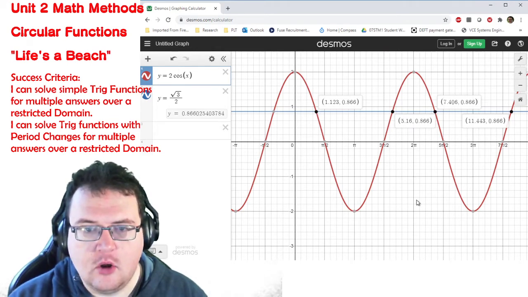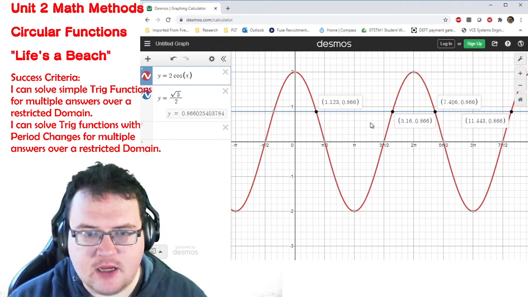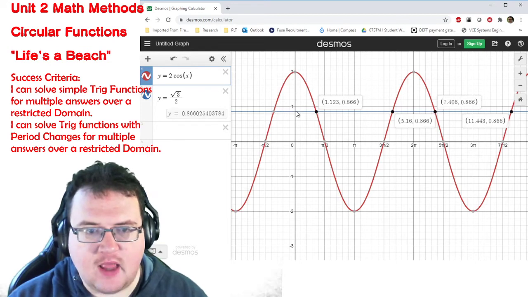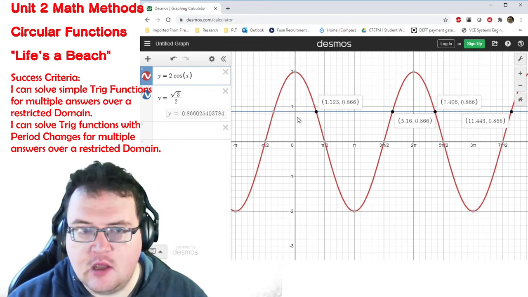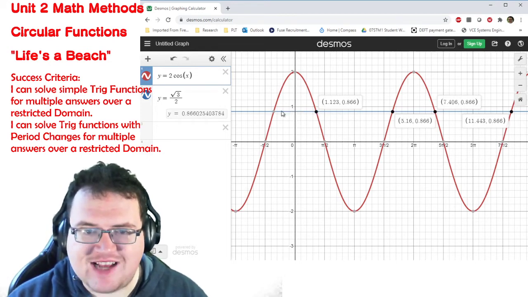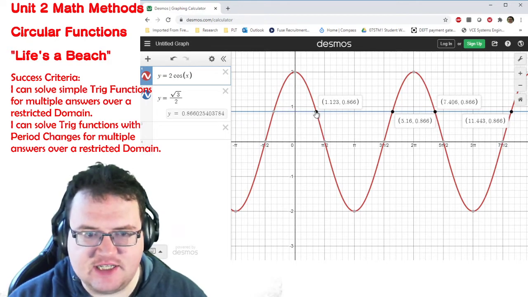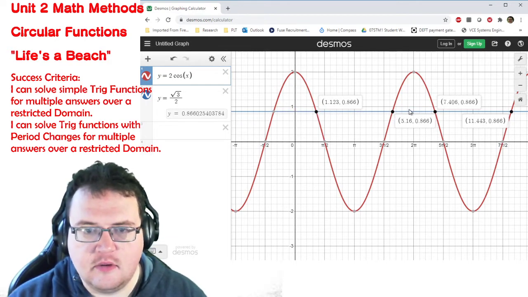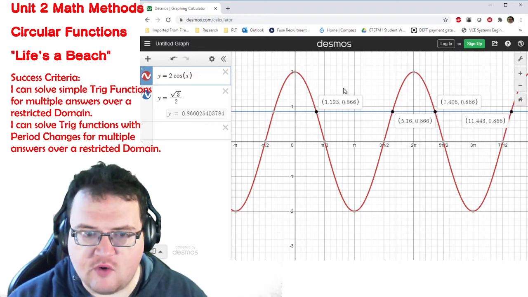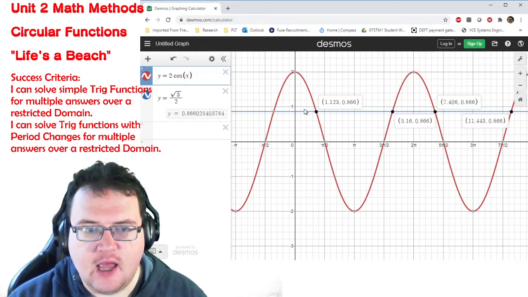But if you look closely at the graph, they are still the same distance symmetrically. The graph is still symmetrical, and the answers are still going to be at these same intervals.